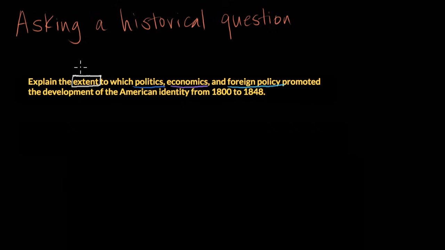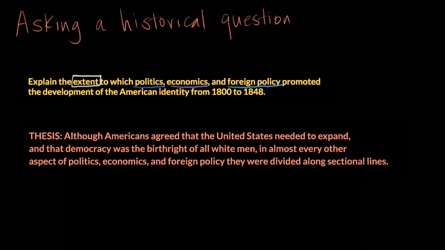I would say that the overall evidence here points to a divided regional identity with a few points of unity. Americans agreed that the United States needed to expand, and that democracy was the birthright of all white men, but in almost every other aspect of politics, economics, and foreign policy, they were divided along sectional lines.